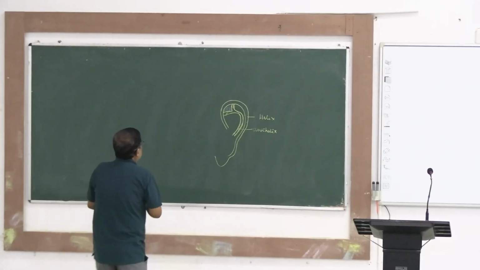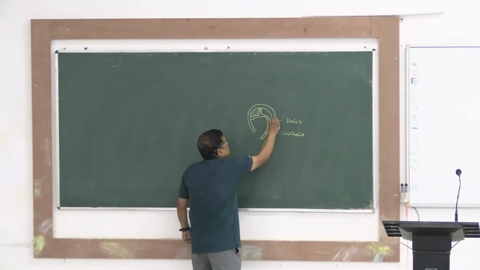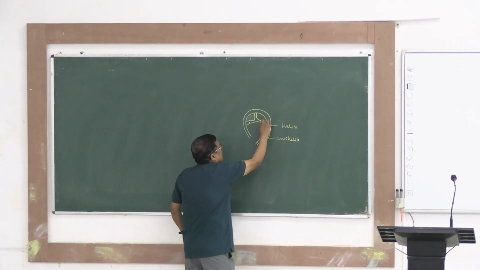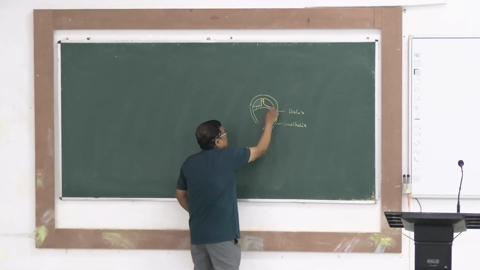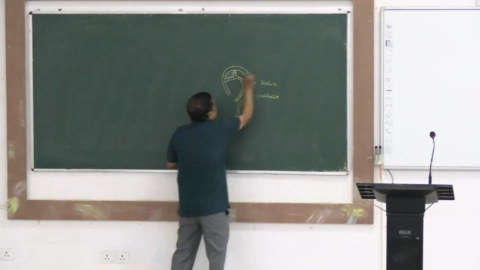And in between the helix and the antihelix, there is a gutter-shaped space. We call it scaphoid fossa.